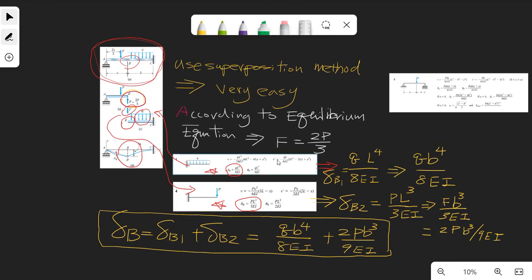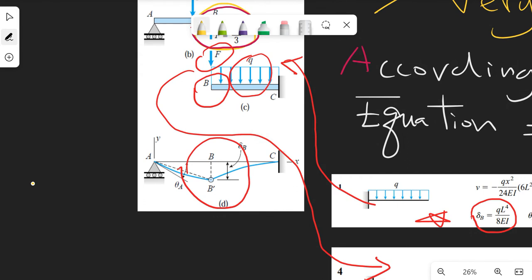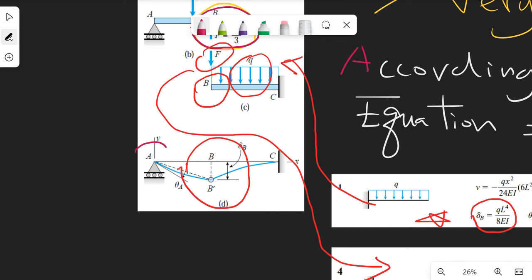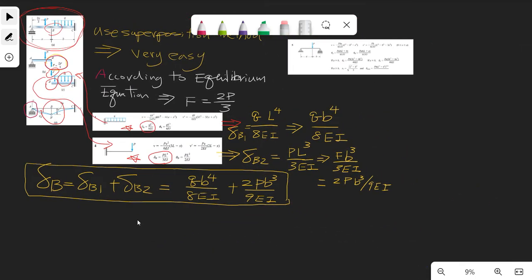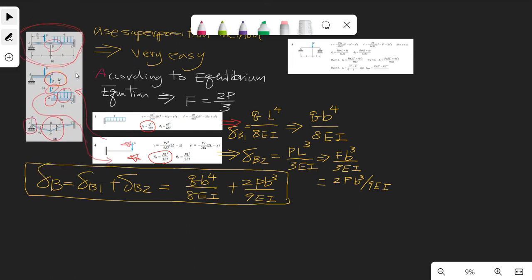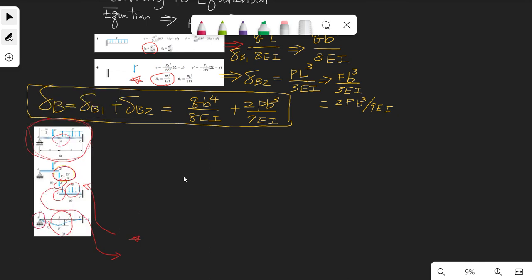In this case, we also need to find theta A, the angle at A. It's also not difficult.